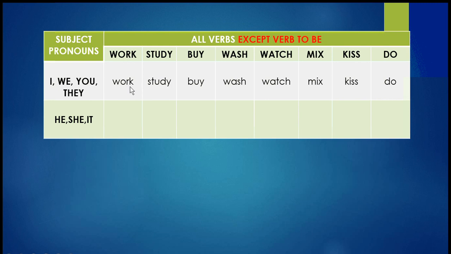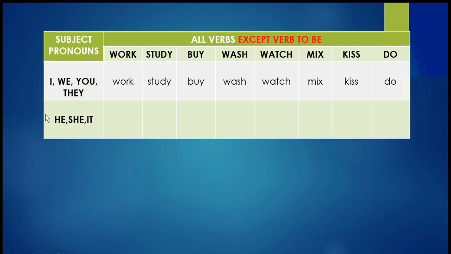It's the same. I work, we study, you buy a car, they wash the car every day, I watch my favorite program every night, we mix, you kiss your cat, I do my homework every day.